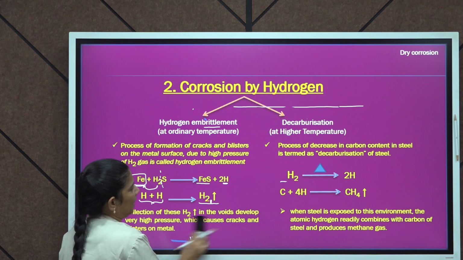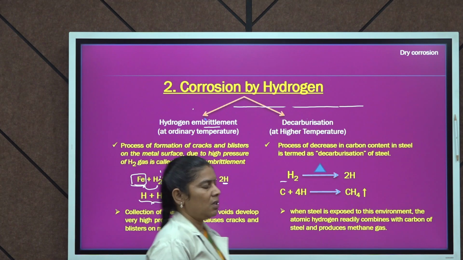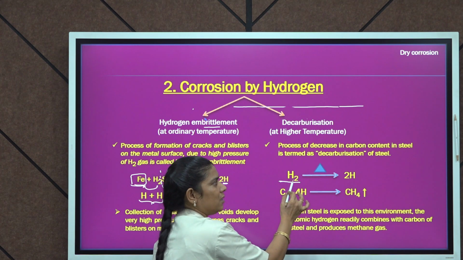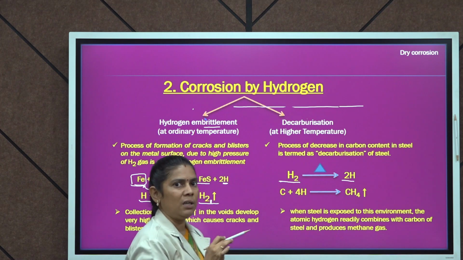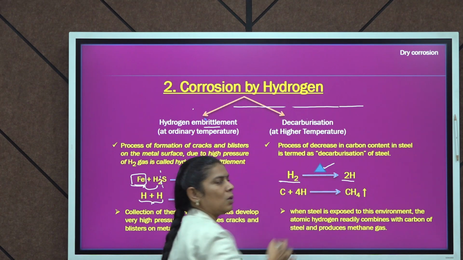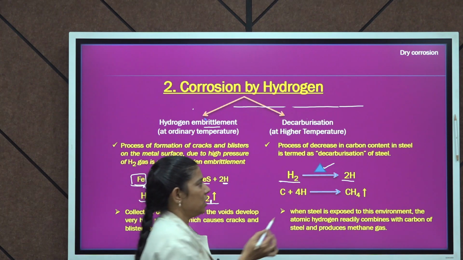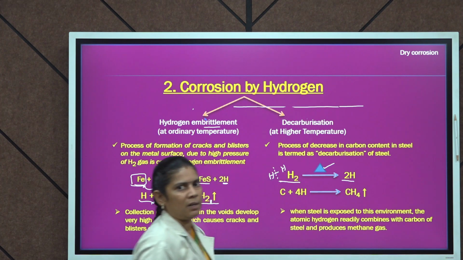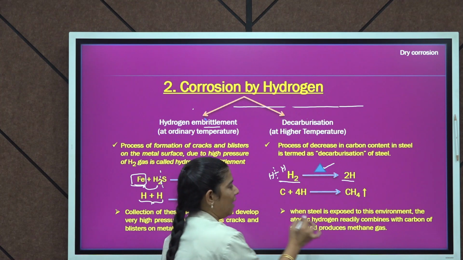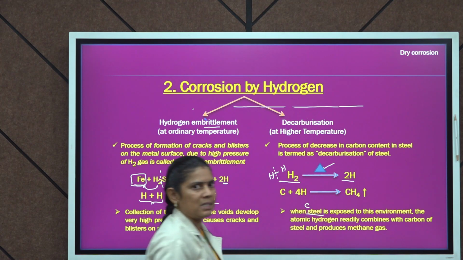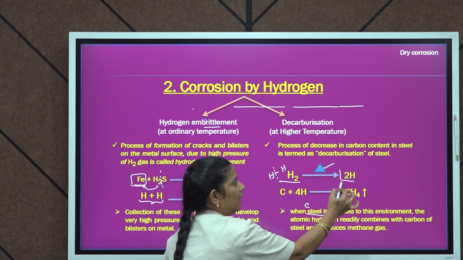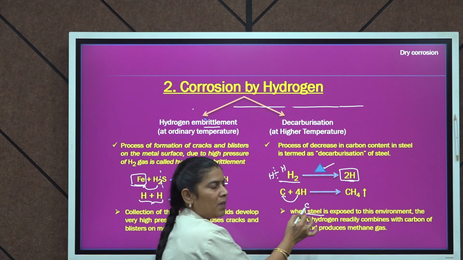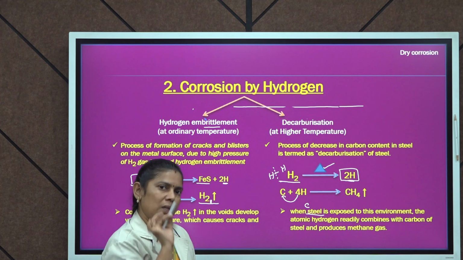And coming to the second type, decarburization. The environment already has hydrogen gas, which dissociates into atomic hydrogen by thermal decomposition at high temperature. If carbon steel is present in the environment, this atomic hydrogen combines with it. Carbon steel has iron with carbon.